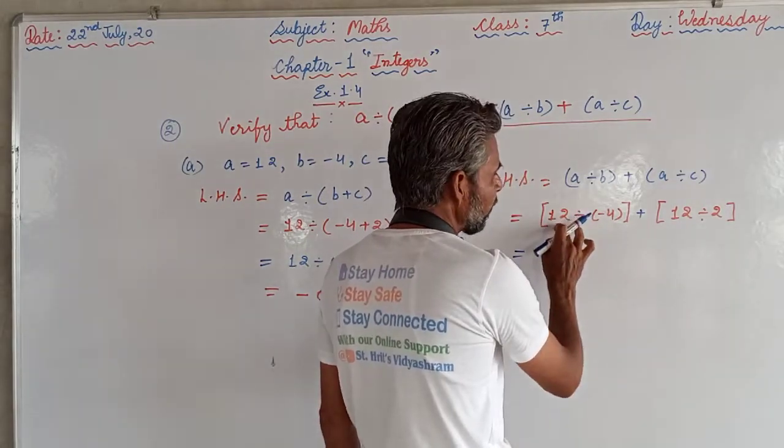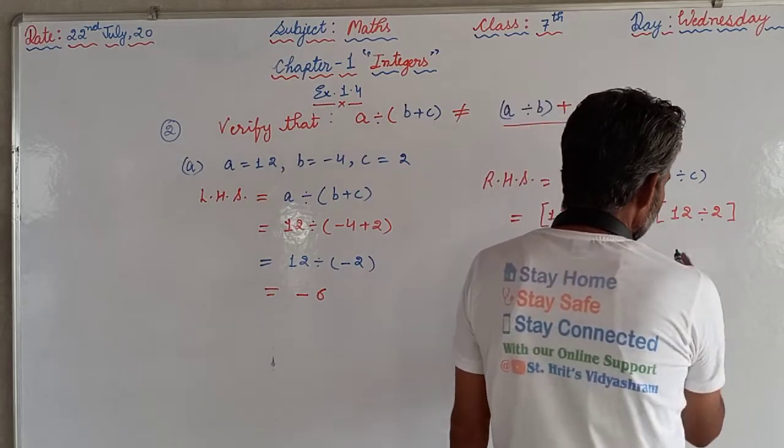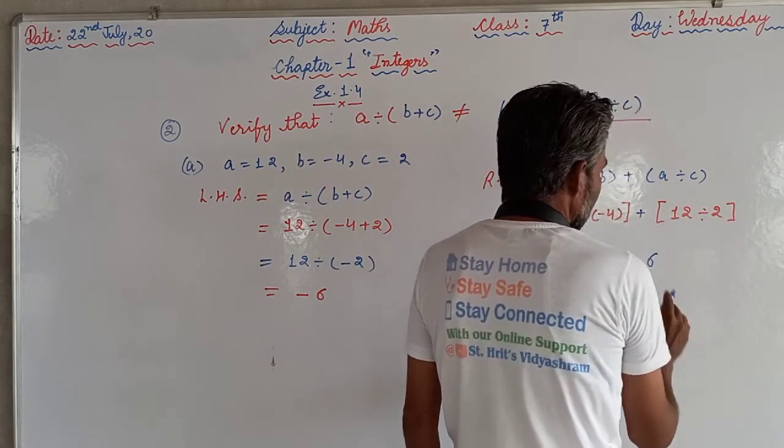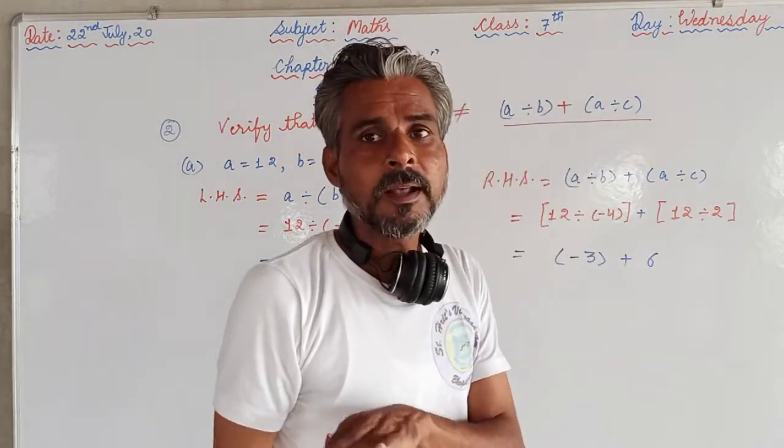Then 12 divided by 4 is 3, so -3, plus 12 divided by 2, which is 6, with no problem with the sign because both the divisor and dividend are positive.